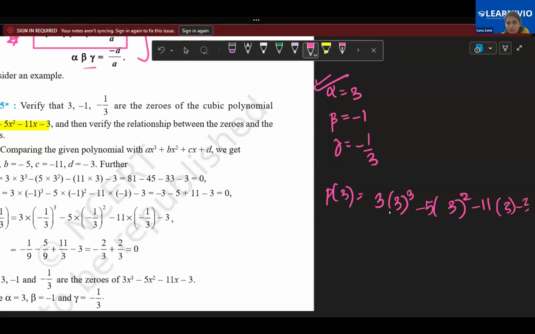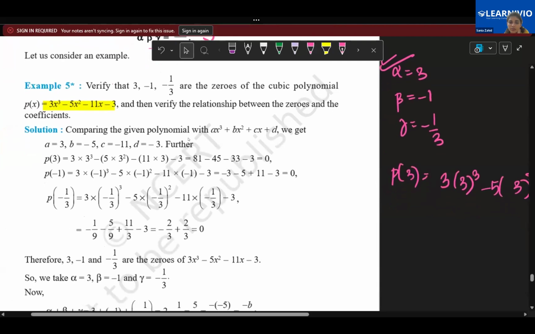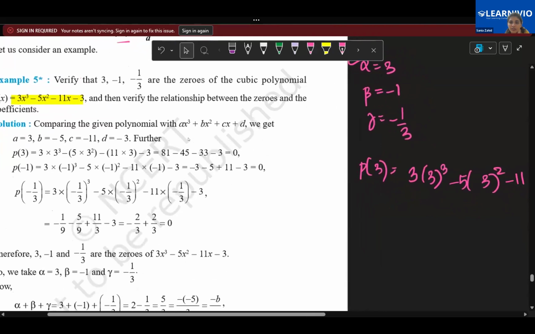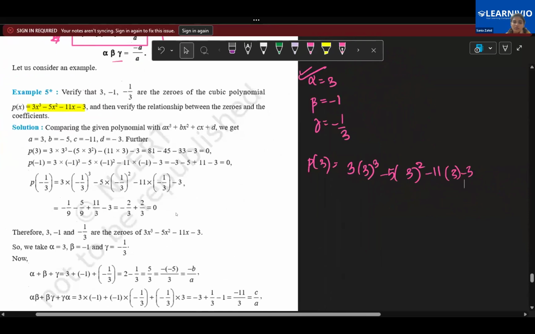You can one by one put the values, get your answers and check it quickly. Can you do the first part of the question? Tell me, children. Yes, ma'am. Try to do this, children, and tell me if you're stuck at any point.